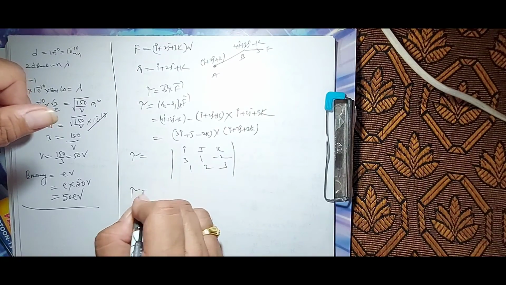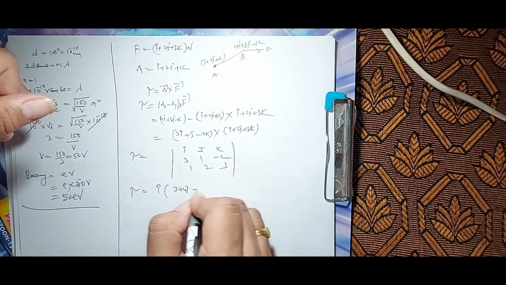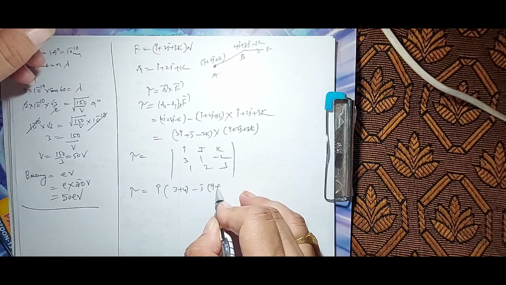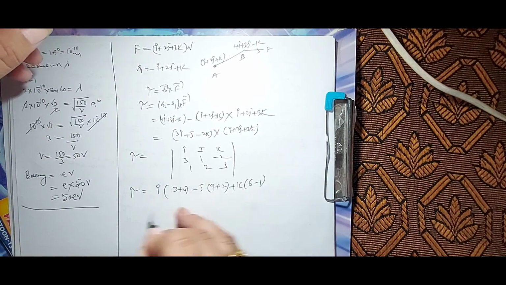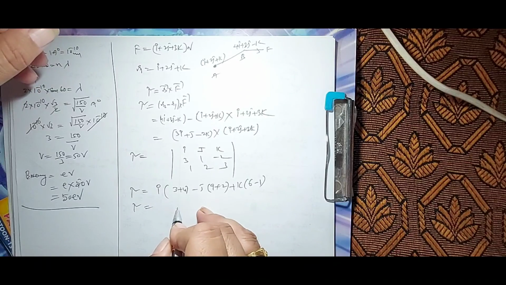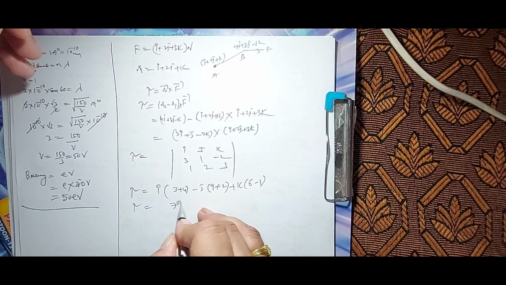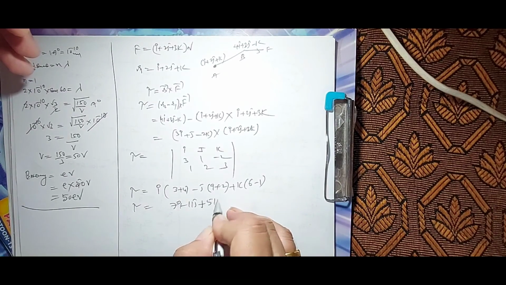So torque is equal to I into 3 plus 4, minus J into 9 plus 2, plus K into 6 minus 1. So torque is equal to what we get here, 7I minus 11J plus 5K.